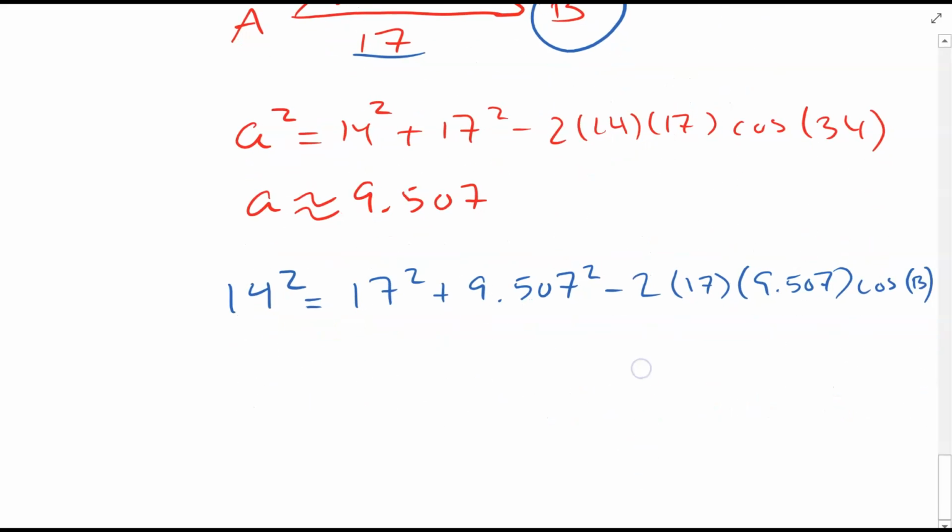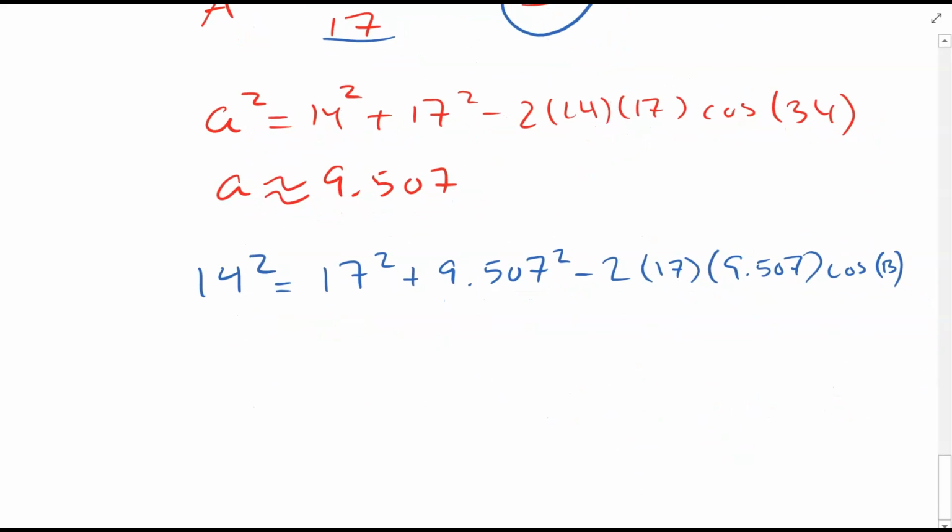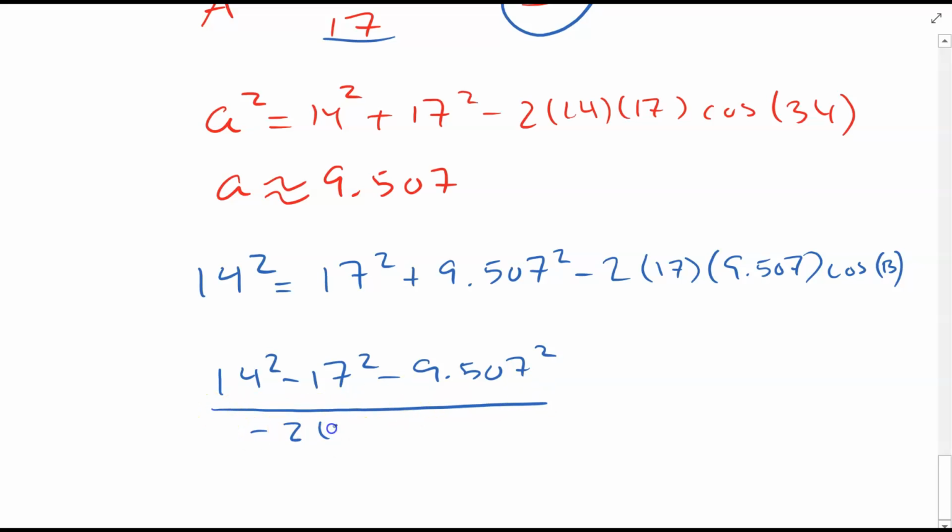So I want to type this into my calculator all in one line. So I'm going to go ahead and start moving things to the other side. I'm going to subtract 17 squared from both sides, and then subtract 9.507 squared from both sides, and then divide by negative 2 times 17 times 9.507, and then take the cosine inverse.